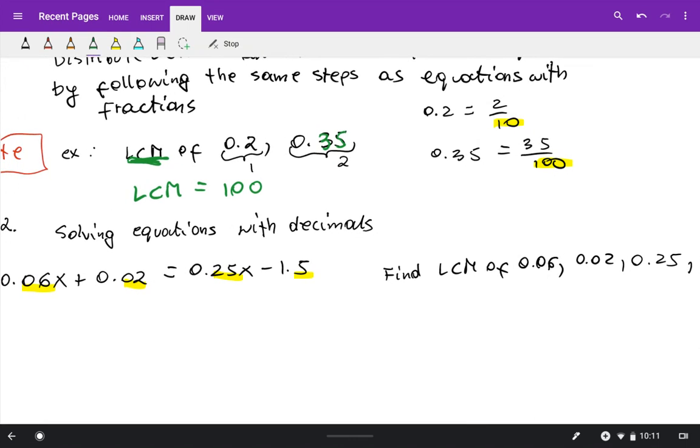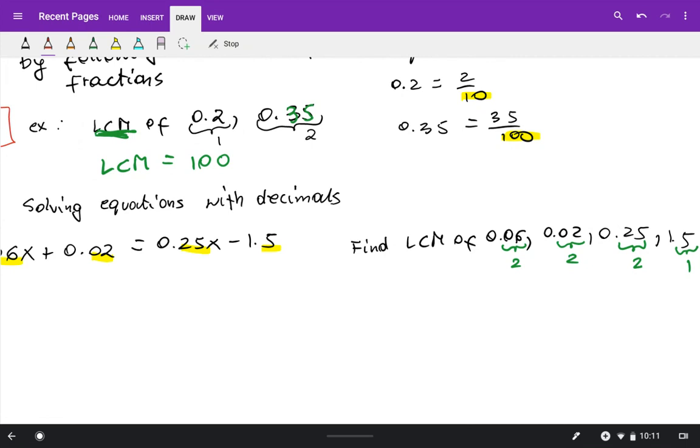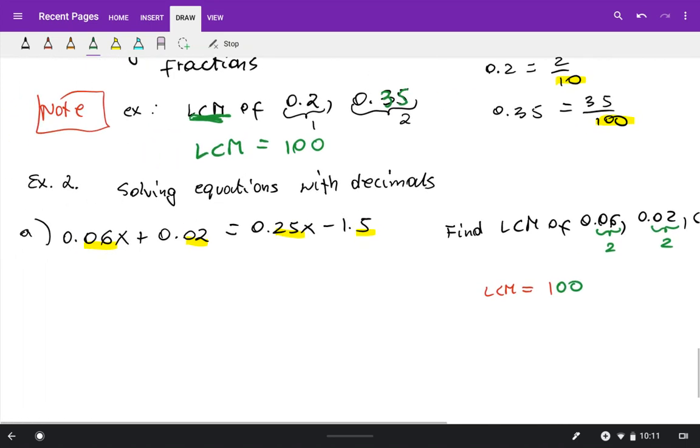And the same idea, the LCM will be 100 because this decimal has two numbers after the decimal point. Here we also have two numbers after the decimal point. Here we also have two, and here we have one number after the decimal point. So my LCM is always a multiple of 10. Since the highest number of digits after the decimal point is 2, I'm just going to attach two zeros. 100 is the LCM.